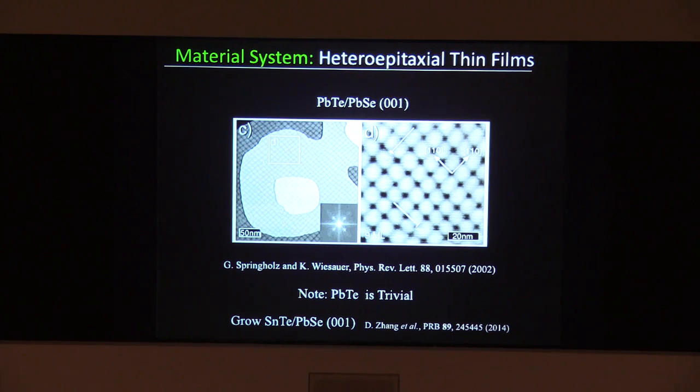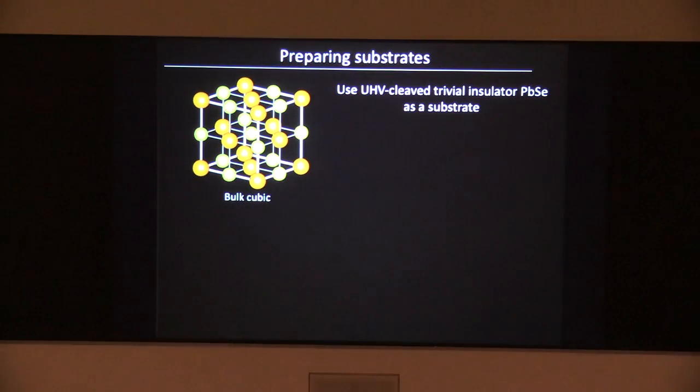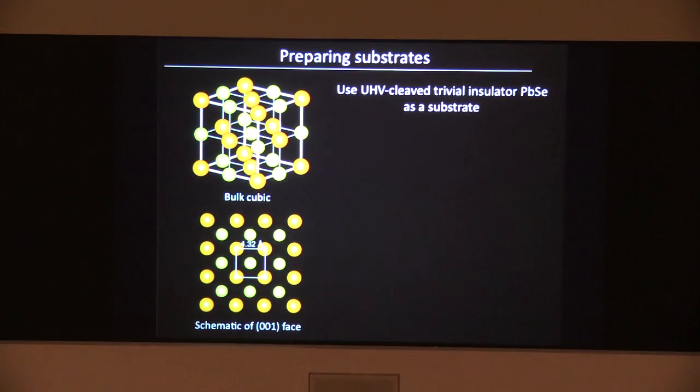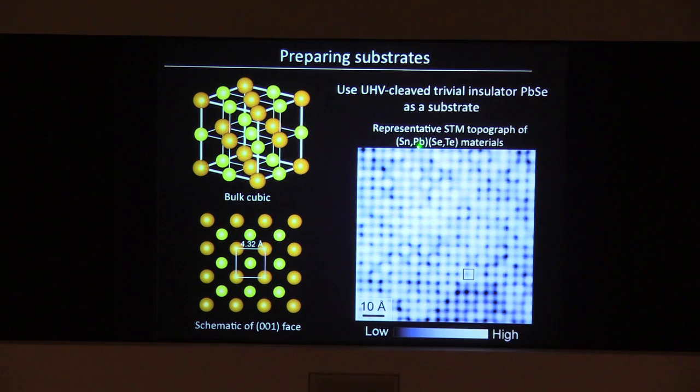And so we could go from position to position and measure the effect of strain on the Dirac electrons. But this particular material is actually trivial. It's not topological. So we wanted to study a topological system, so we decided to grow tin telluride, which is topological, on these substrates.